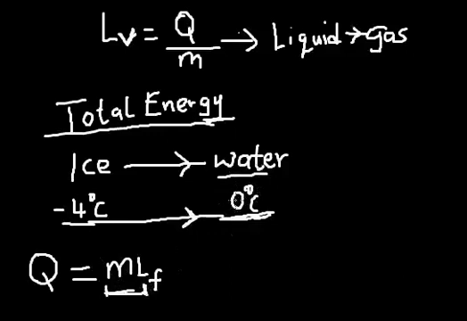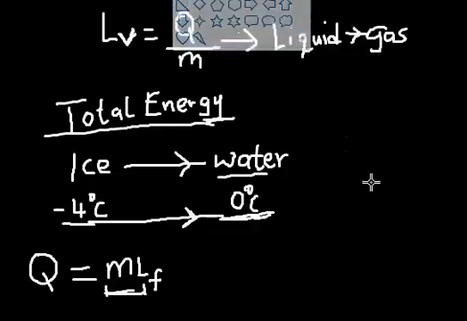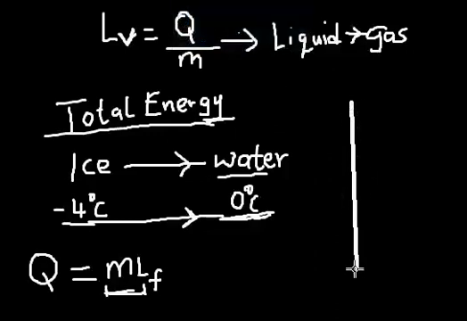But if this ice is not at 0 degrees Celsius, it's at a lower temperature, I have to first raise the temperature. That is why, when I draw the graph of change of state, remember the first thing that happened in that graph. Let me draw that again. The first thing I did was to raise the temperature before the change of state kicks in.